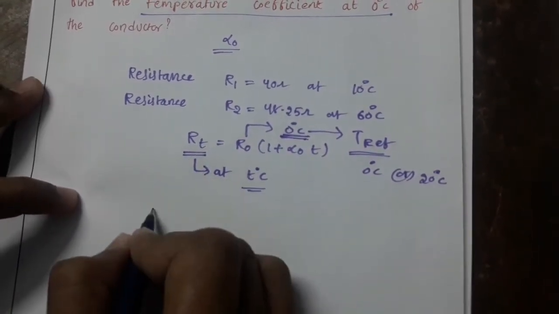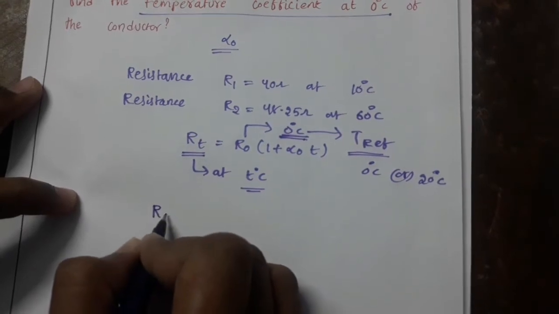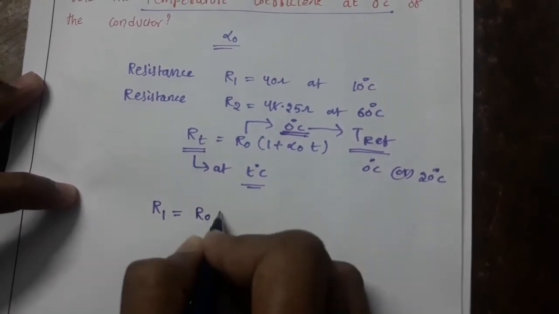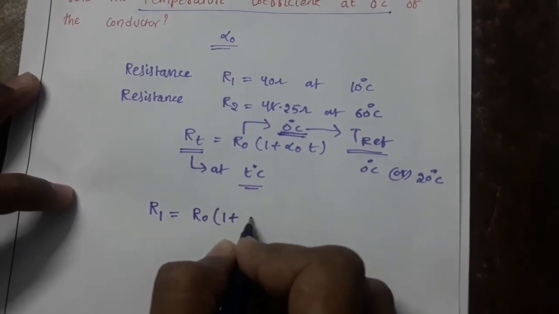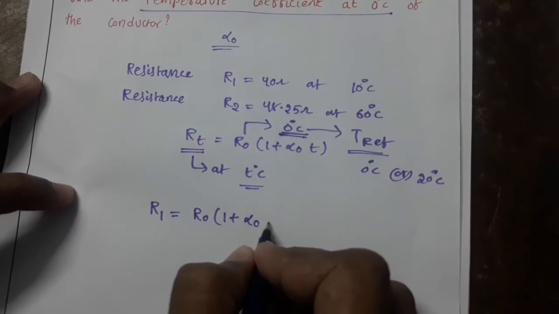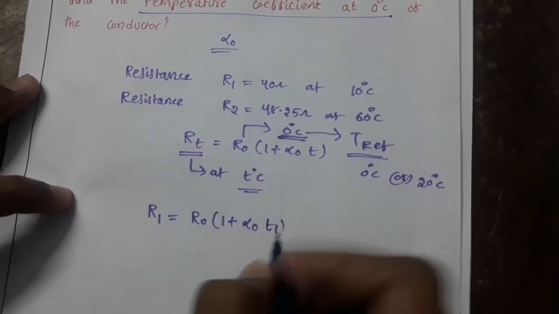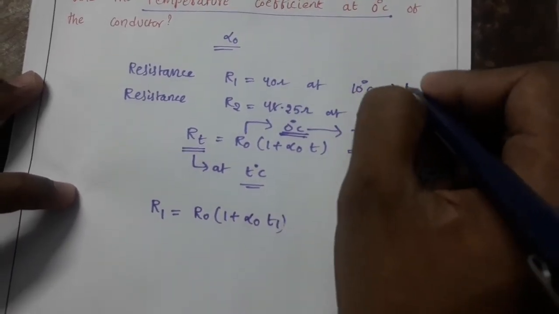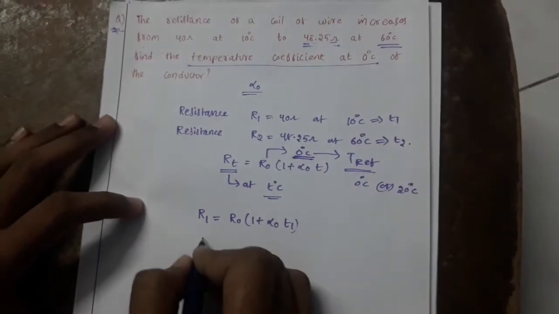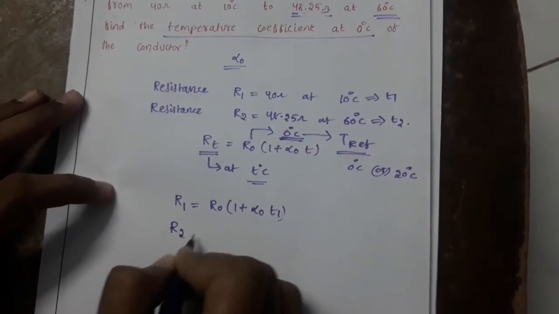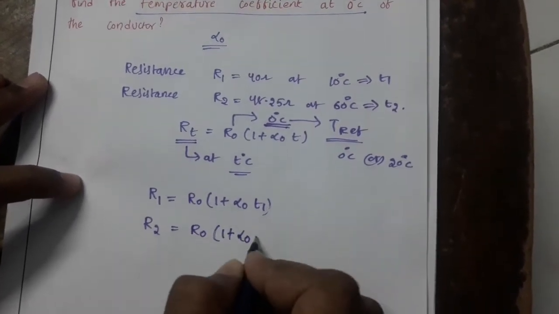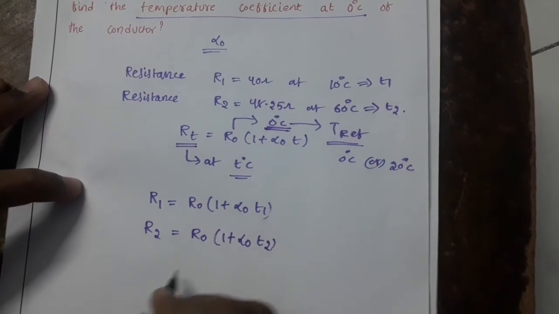So we know R1 equal to R naught into 1 plus alpha naught into T1. I am taking 10 degrees as T1 and 60 degrees as T2. So R2 equal to R naught into 1 plus alpha naught into T2.